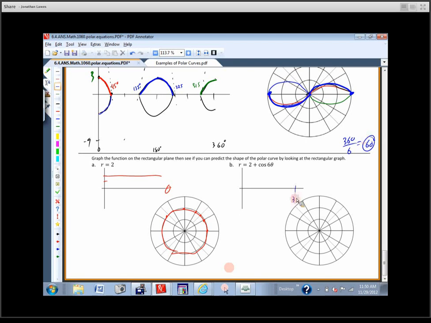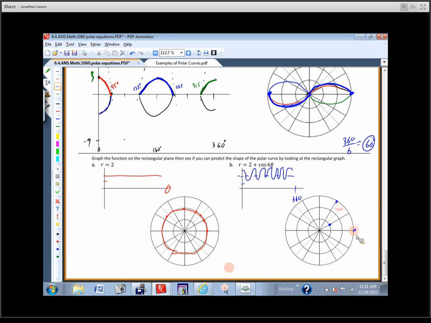So if this is 360 degrees right here, okay, here's my center line. There's my radius of 2. It starts up here at 3 and it does this. It does a cycle here. There's 2, 3, 4, 5, and 6. That's really ugly, but you get the idea, right? So it starts out with a radius of 3, gets to a radius of 1 at 30 degrees, and then back up to a radius of 3.